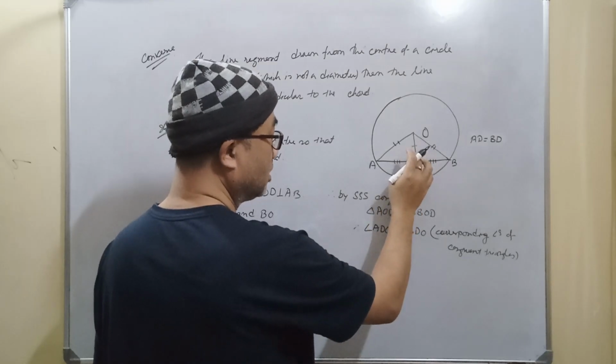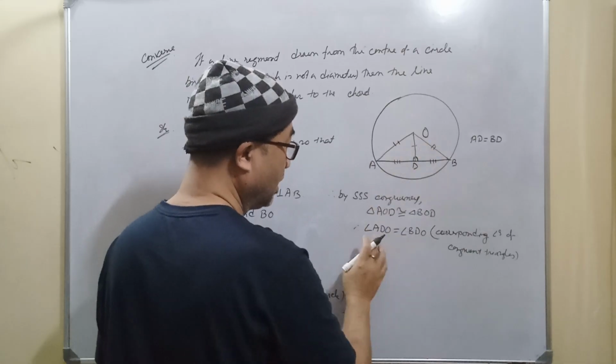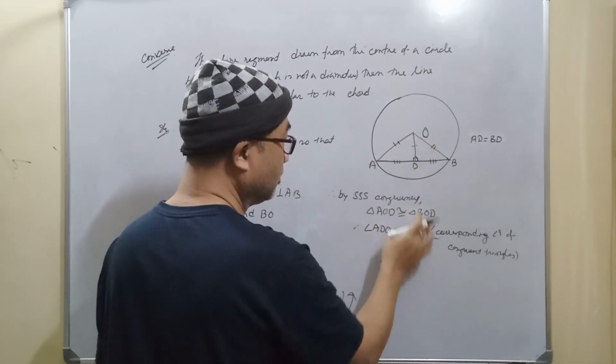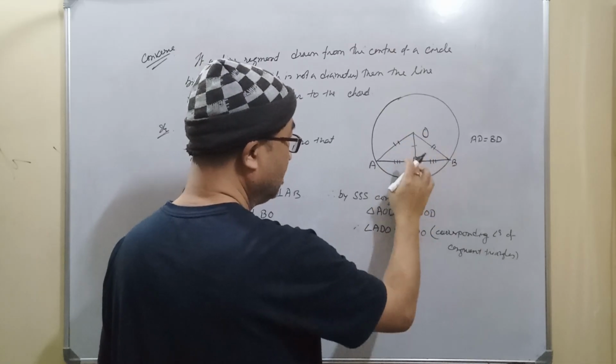These are two corresponding angles of congruent triangles. These two triangles are congruent. Hence ADO is equal to BDO. ADO, this angle is equal to BDO, this angle.